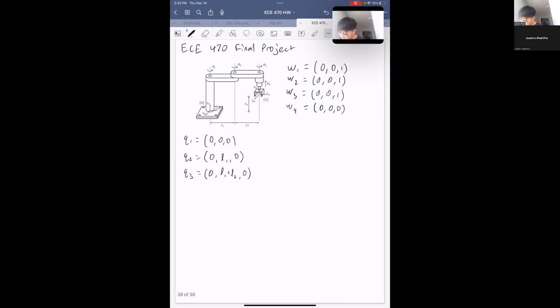And then finally, we're going to calculate the v, which is equal to negative omega cross q. So v1 is equal to omega 1 cross q1, which is going to be 0, 0, 0. v2 is equal to omega 2 cross q2.